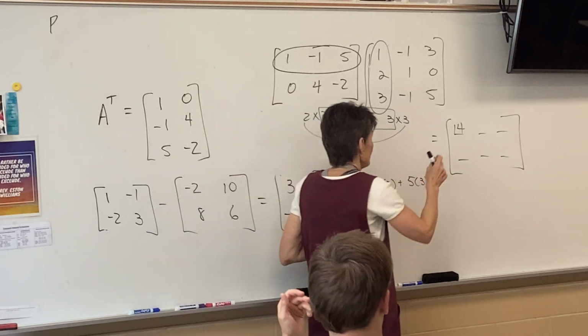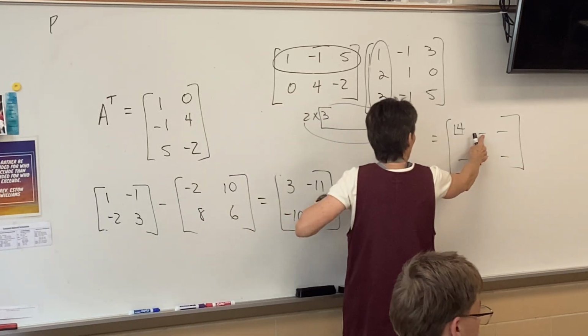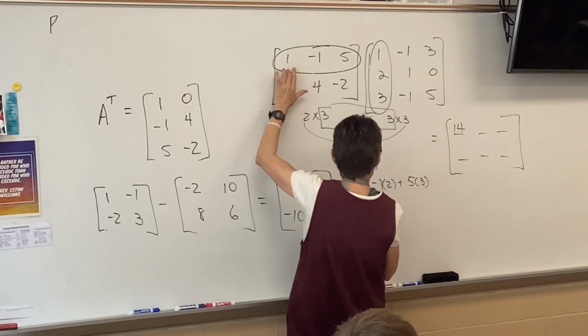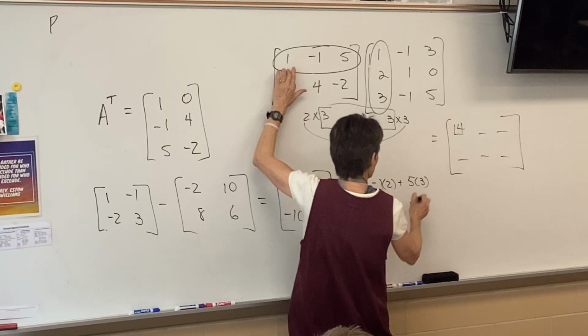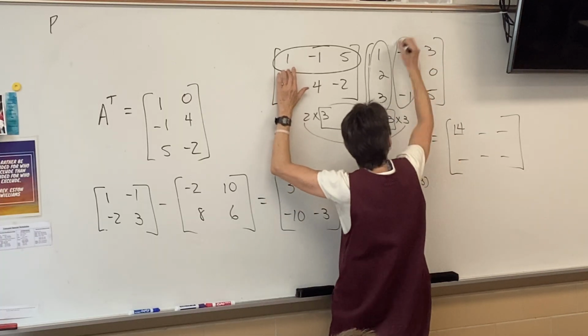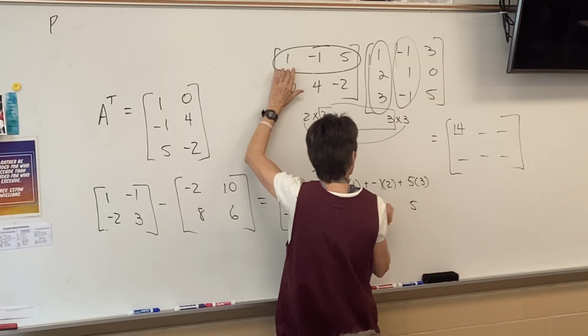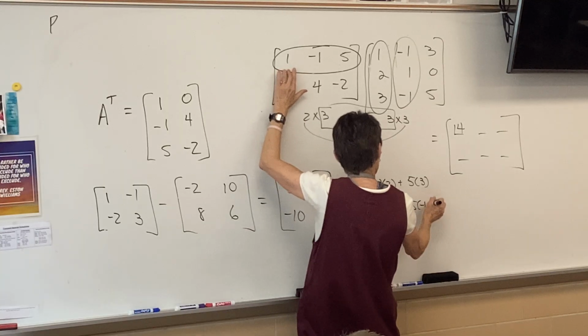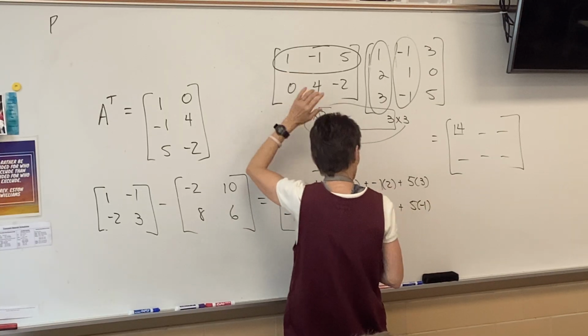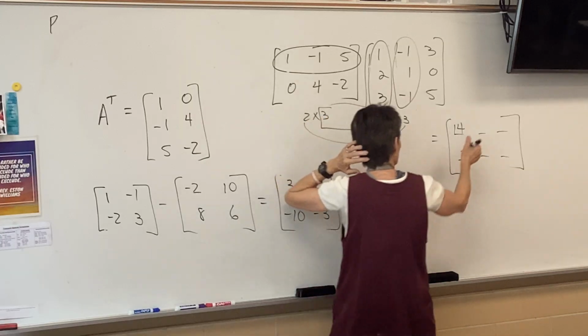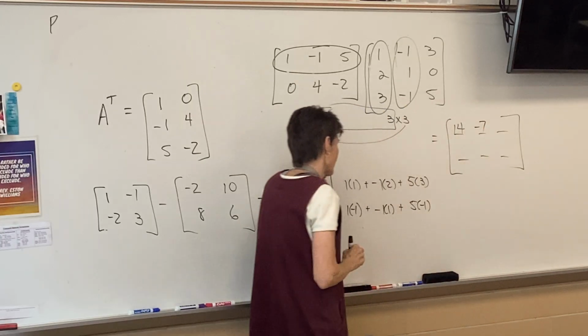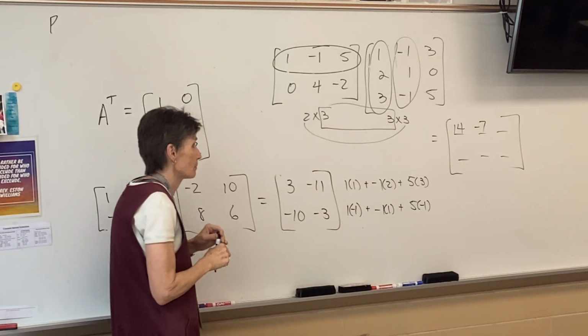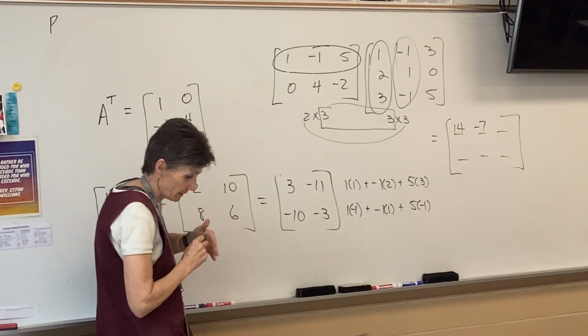All right, what am I going to do here? This is still row 1, so it's still those numbers, but now it's column 2. I got negative 7.